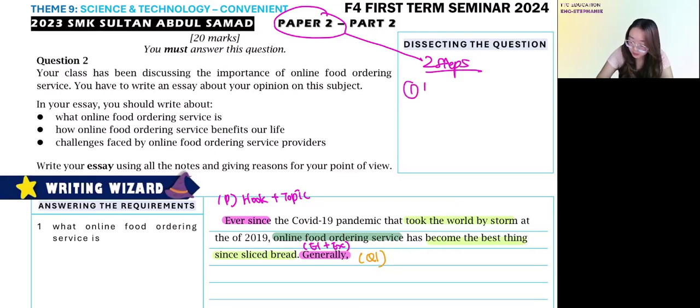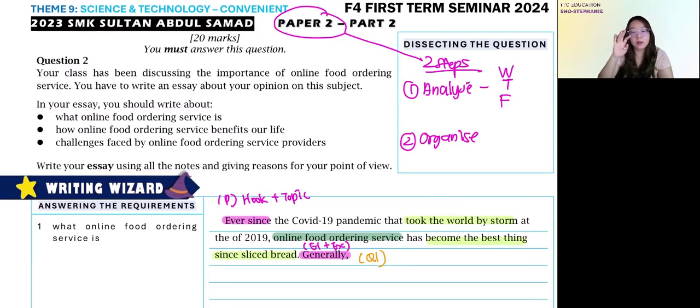The first one is how you can analyze the question, and no doubt it's going to be our WTF. The second one is how you can organize your points in your paragraph and also flow from sentence to sentence. To organize, we will be using the PEE.